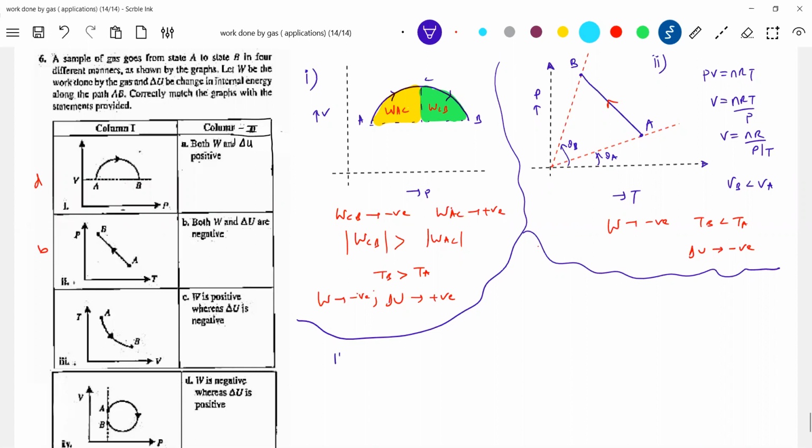Directly, let me write it. What about delta U? TB less than TA, no?